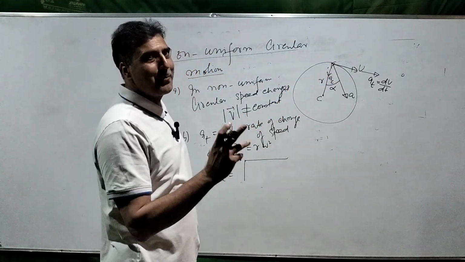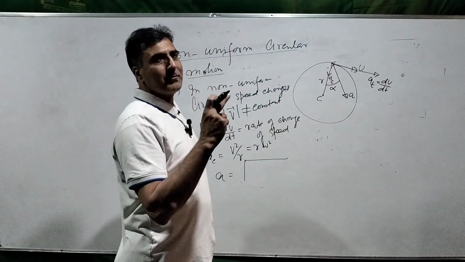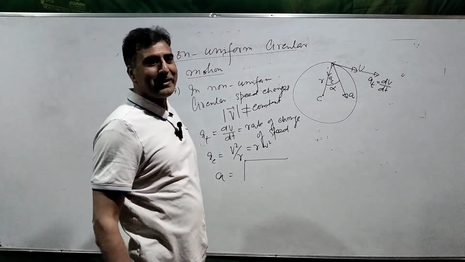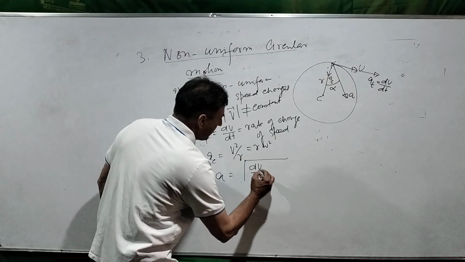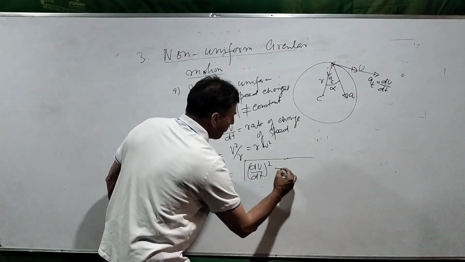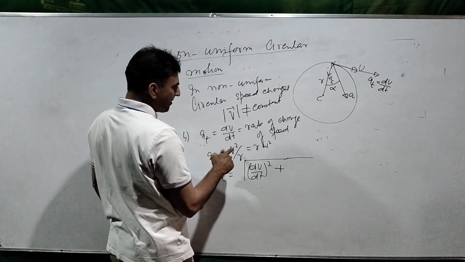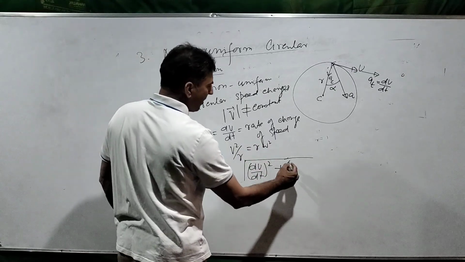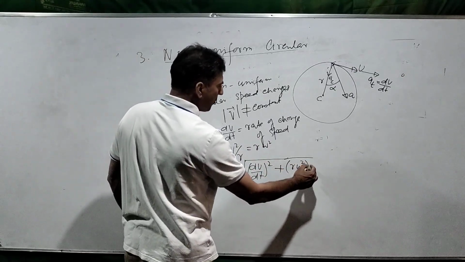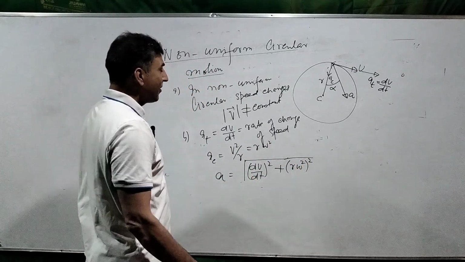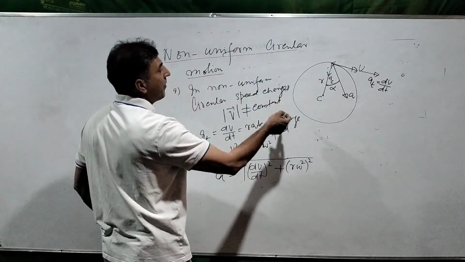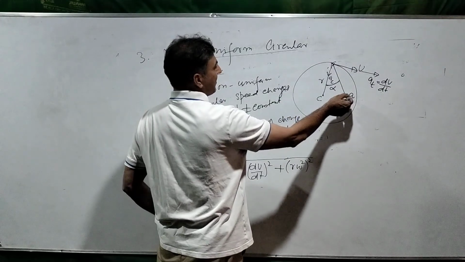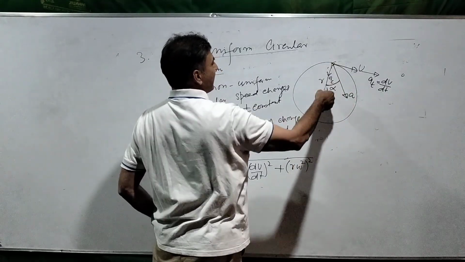As you know, if two vectors are perpendicular to each other, net is sum of the two squares. So it is dv by dt whole square plus इसका स्क्वायर करो या इसका स्क्वायर एक ही बात है, और ओमेगा स्क्वायर होल स्क्वायर. What is this alpha? Tan alpha, direction of the resultant acceleration. What angle it makes with the radius vector?